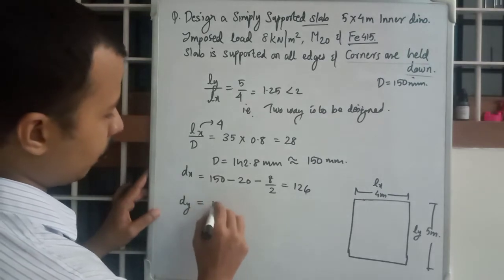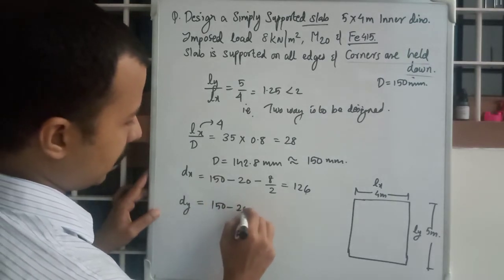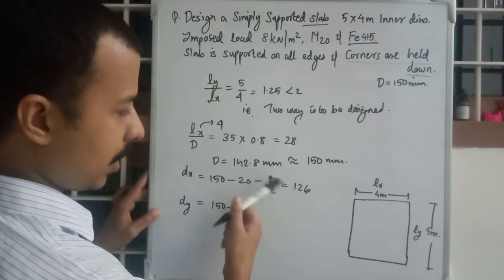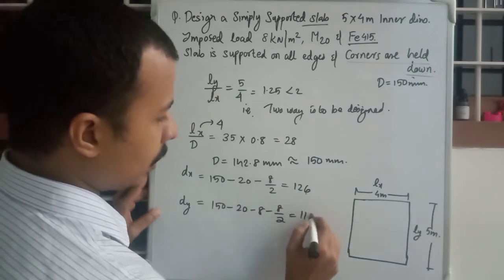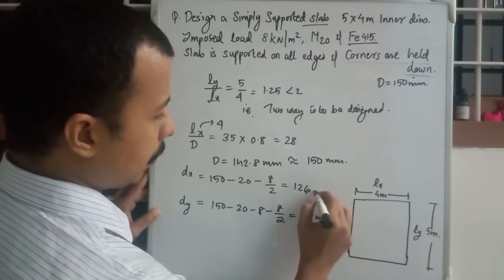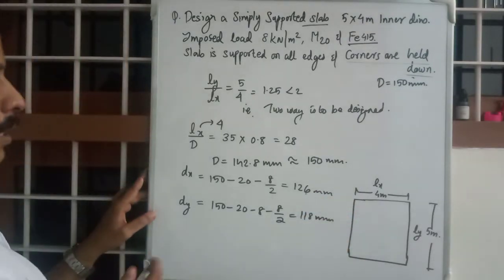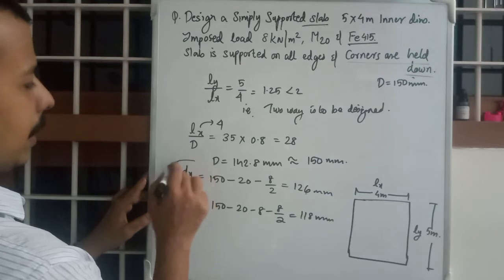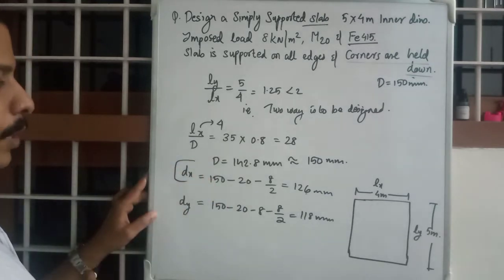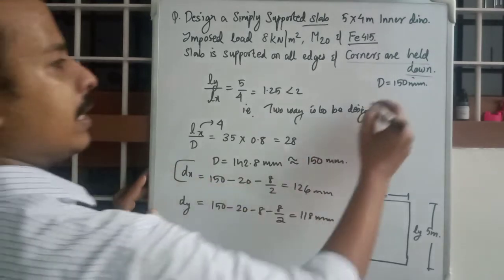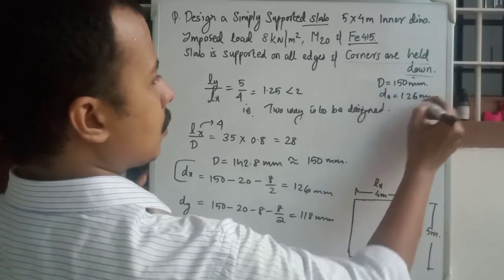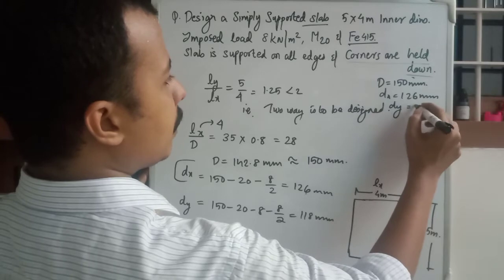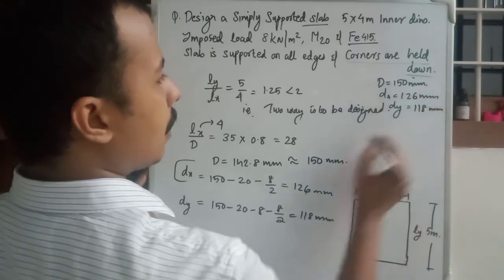And dy is 150 minus 20 minus the reinforcement 8 minus 8 by 2, that is 118 mm. You will be using both, but dx will be 126 and dy will be 118 mm.